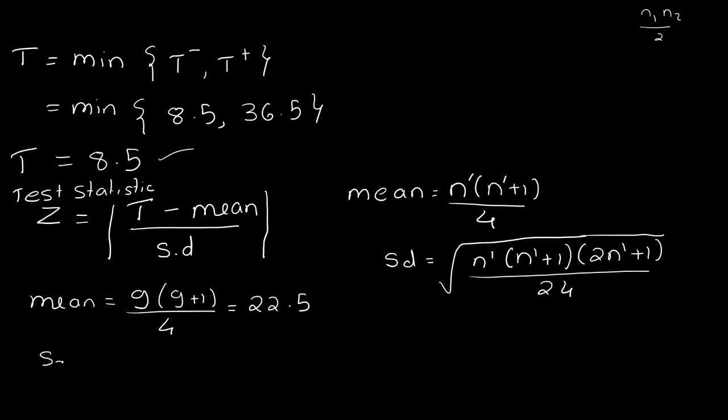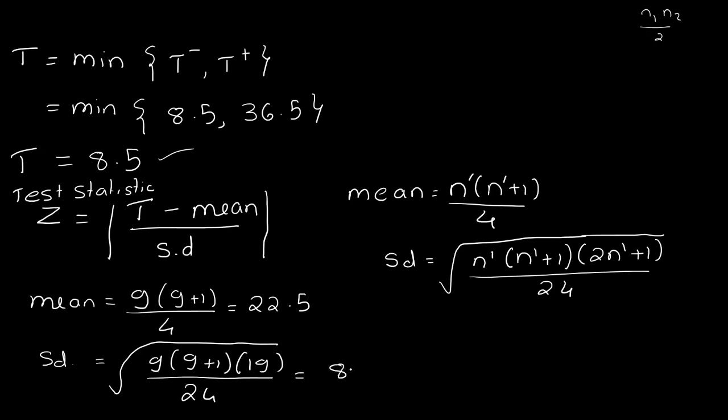And my standard deviation will be, don't get confused how this 24 has come, this is a part of the formula. So my standard deviation will be n dash, that is 9, into 9 plus 1, into 18 plus 1, that is 19. So the standard deviation comes out to be 8.44.